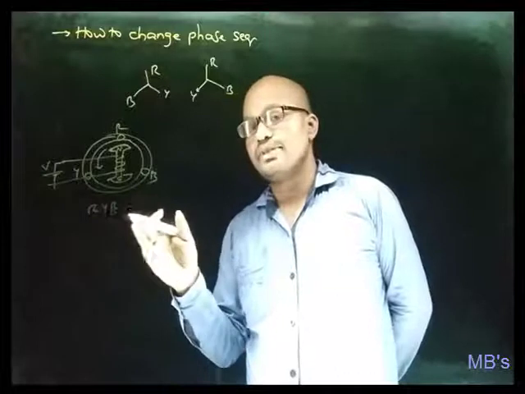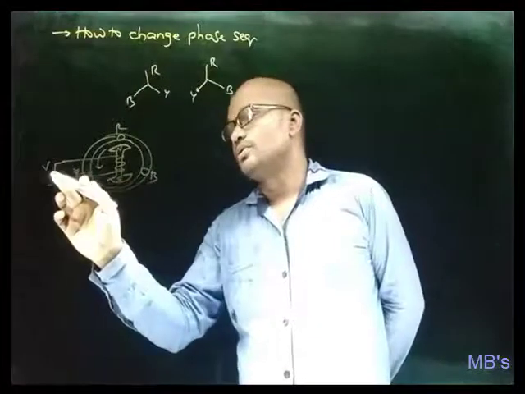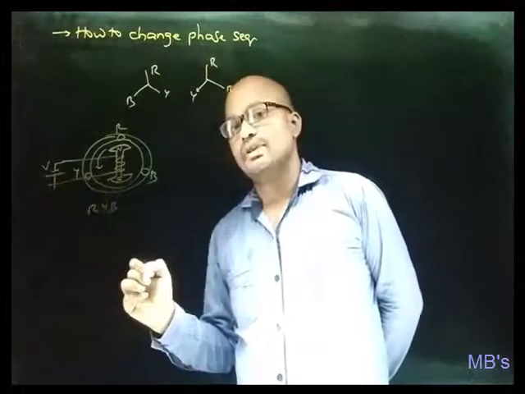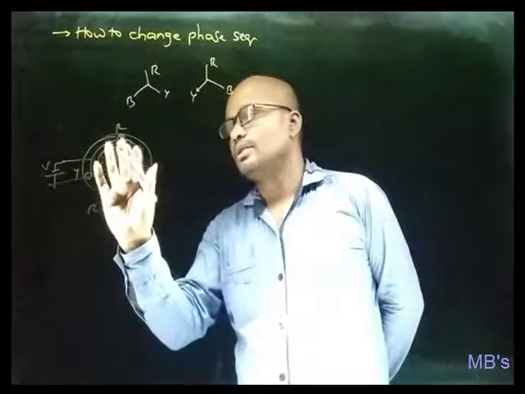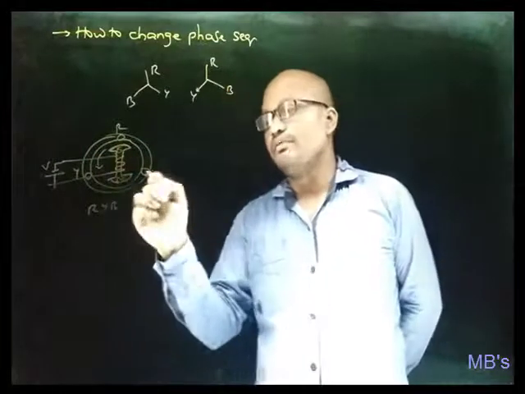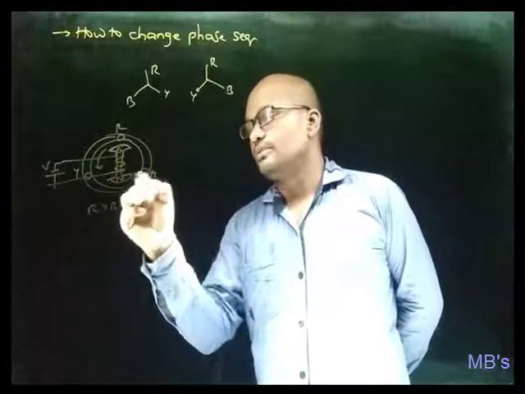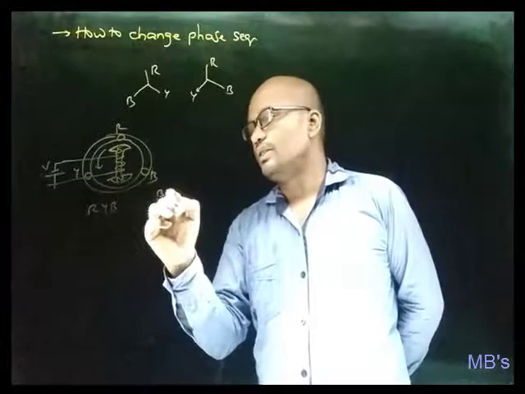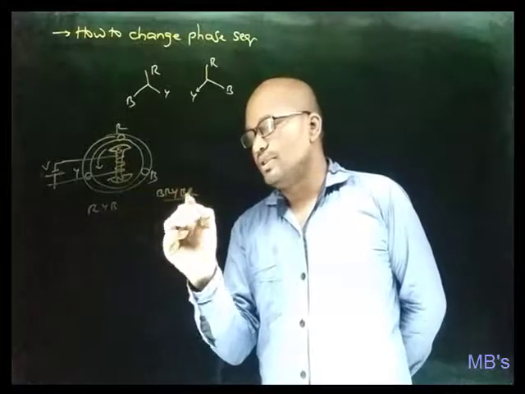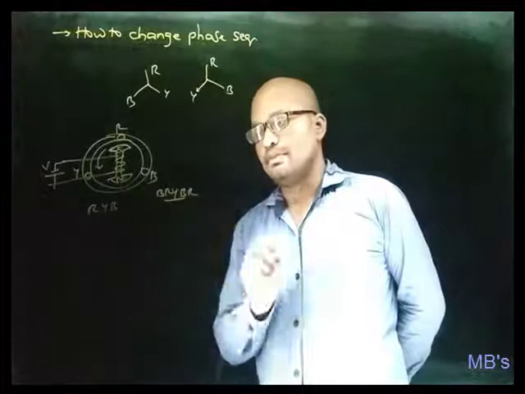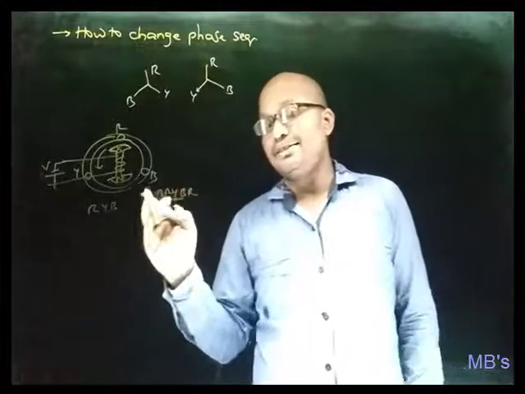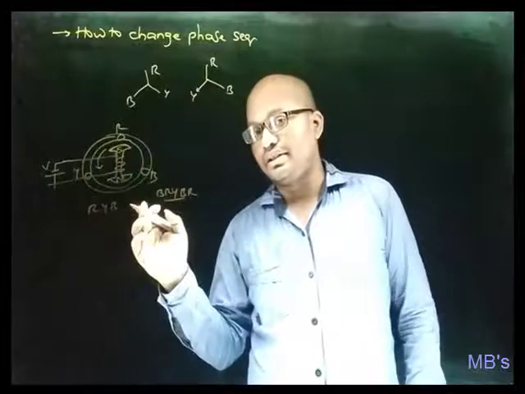Now how to change this phase sequence? Let us suppose we reverse the direction of the field current, then this will become the south pole and this will become the north pole. Now observe the phase sequence: first B, next R, next Y and again B and next R. If you observe, the same phase sequence is obtained, R, Y, B. From this you have to note that the phase sequence is independent of the field current direction.